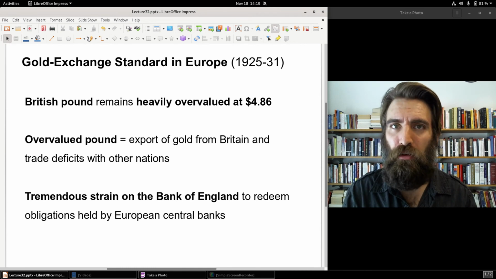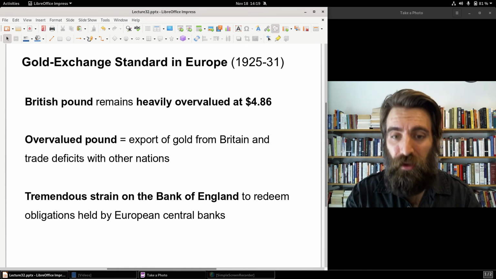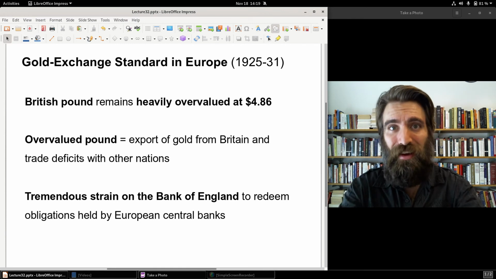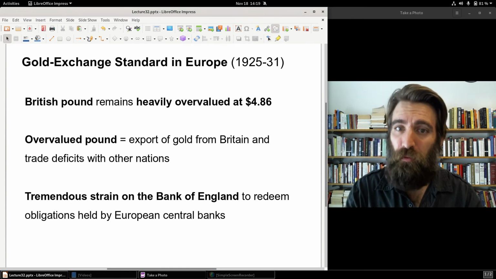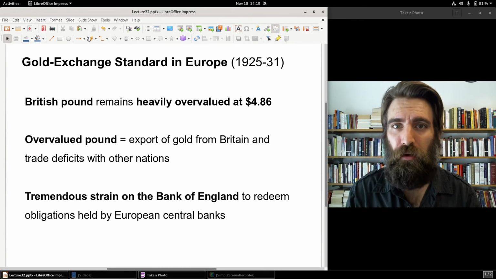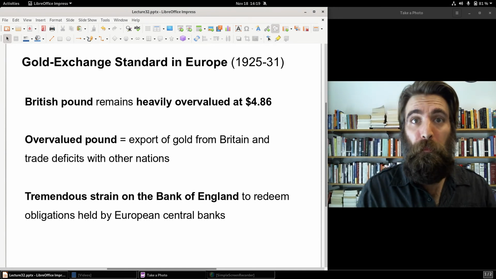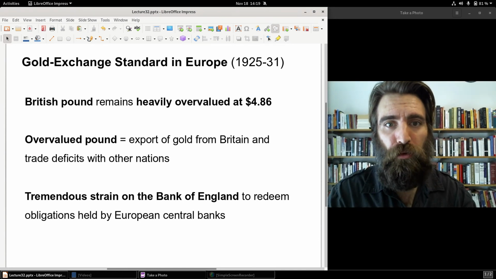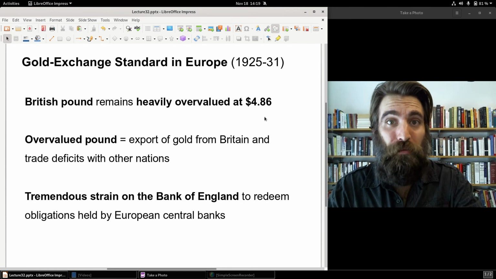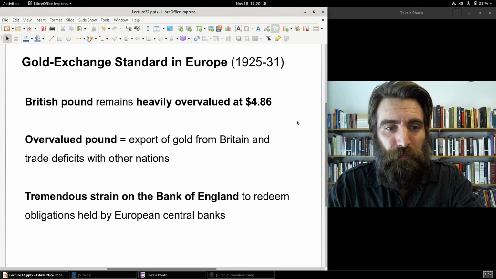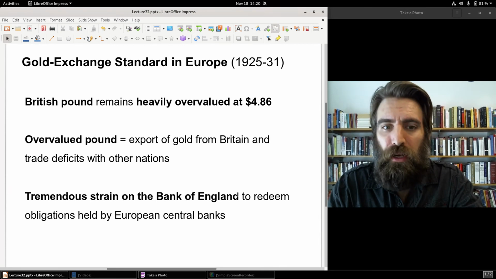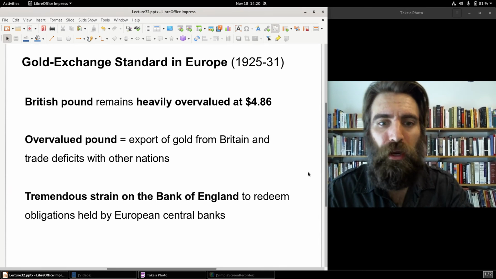And by 1927, the Bank of France is beginning to approach London and say, hey, we need to make sure that this is convertible into gold, and beginning to present their British pounds to London for gold redemption at this overvalued price. And so more and more by 1927, 1928, this is putting quite a strain on the Bank of England.